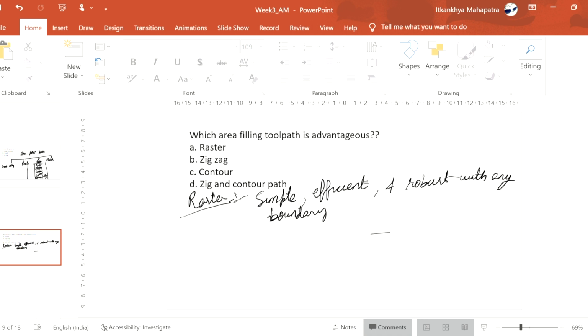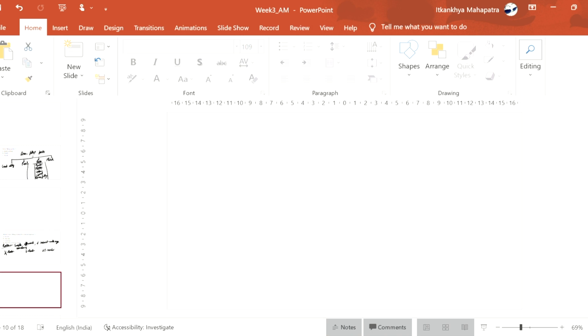Now we have different types of raster: x raster, y raster, and xy raster.